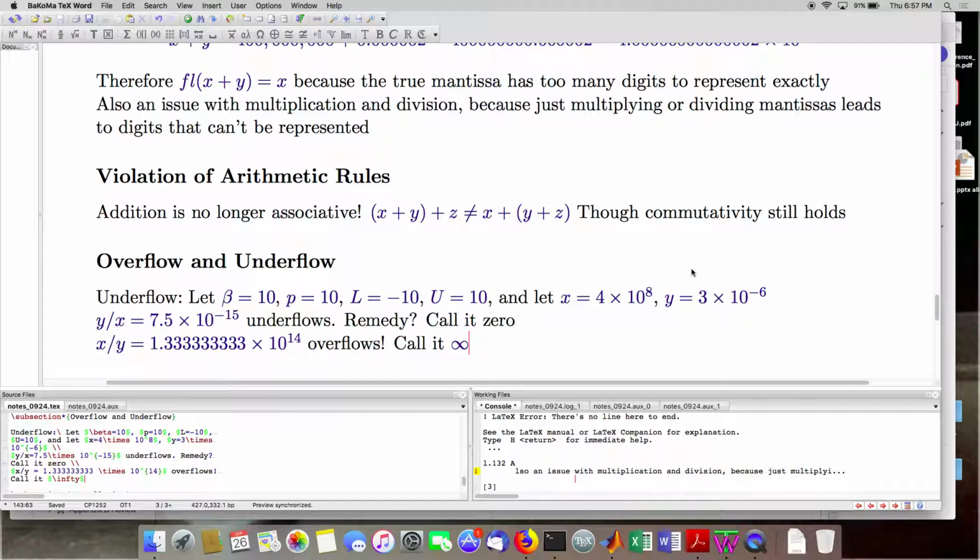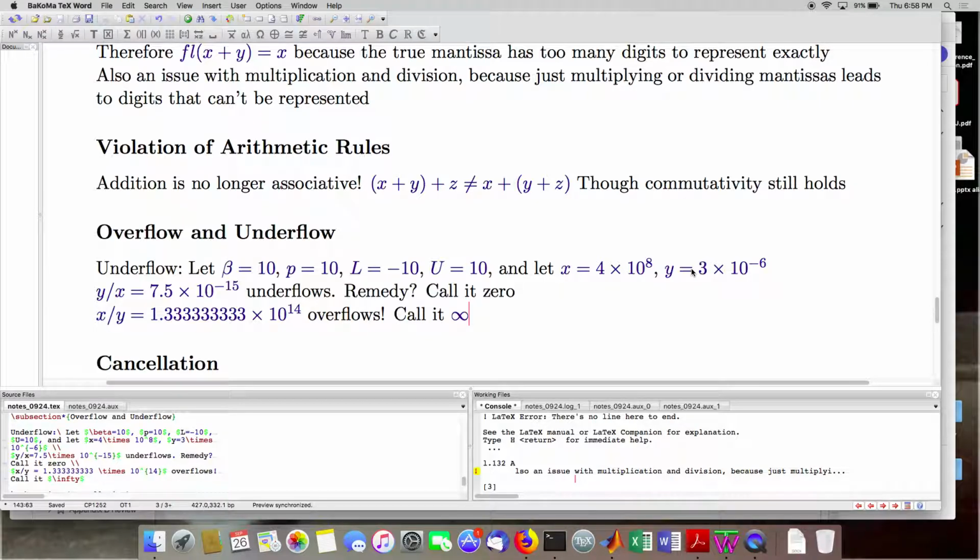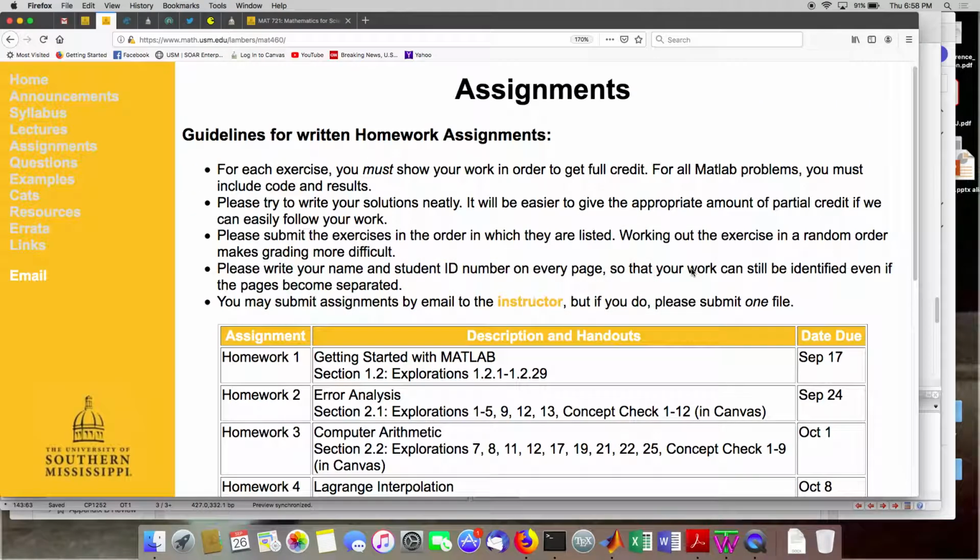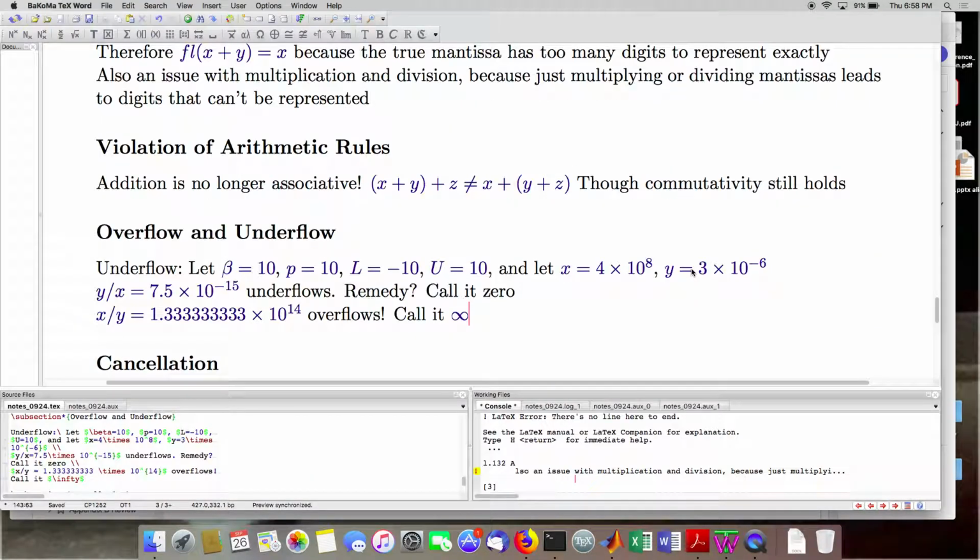All right, so when we're performing these operations, we have to be very careful about whether overflow or underflow might occur. I'm going to discuss a homework problem, and I believe I assigned it. Let me check. It's number 19. Yes.